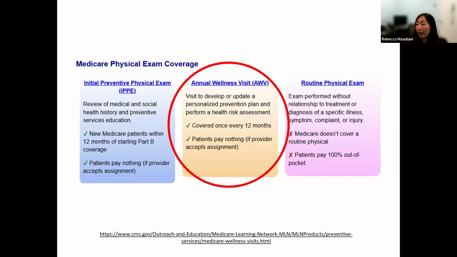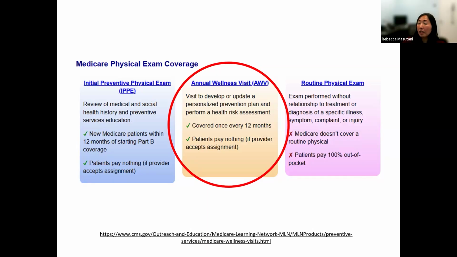So with all of that said, keep in mind that the no cost-sharing amount only applies if, one, the provider accepts assignment, and two, all that's being provided during that particular visit encounter is either the initial preventive physical exam, the IPPE, or the annual wellness visit.